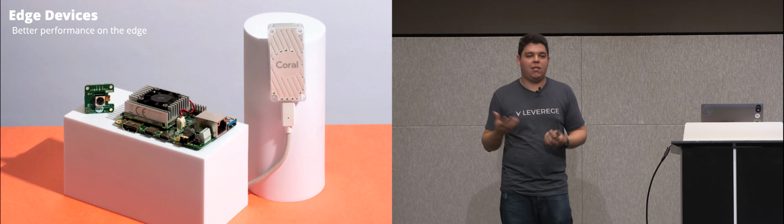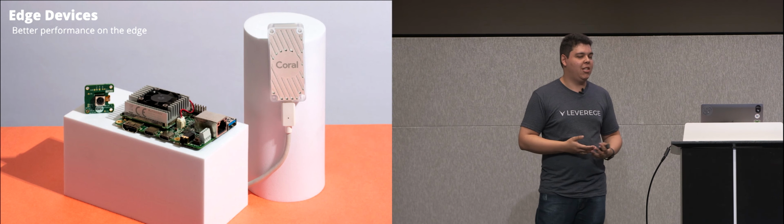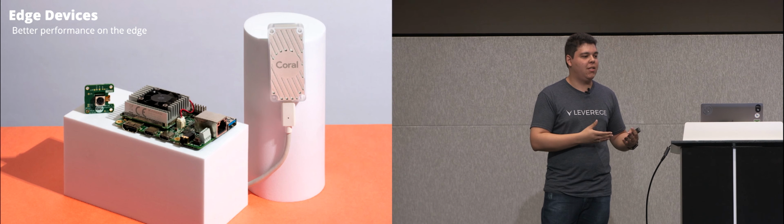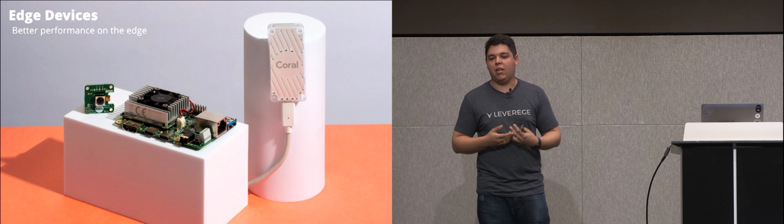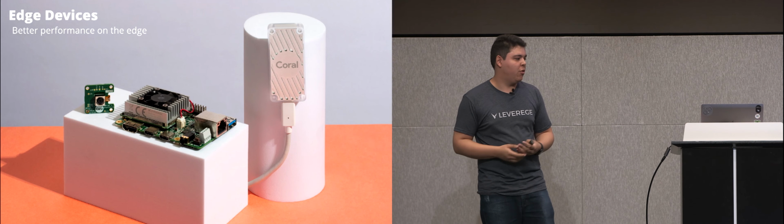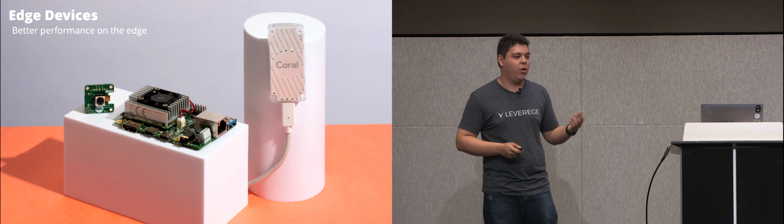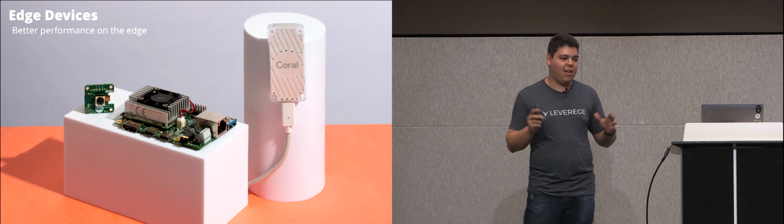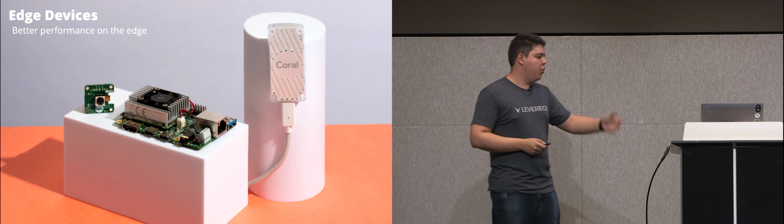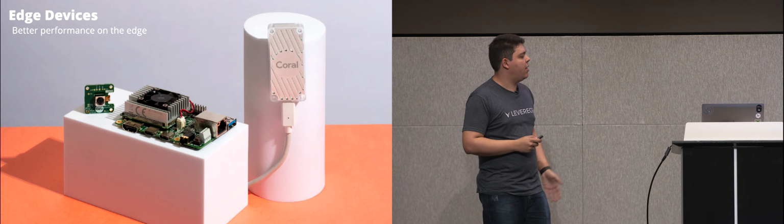It's like a GPU, but for tensors, which are the basic unit of TensorFlow. So they are really specialized in running inference for TensorFlow, with really good performance. I saw one of those running some examples at Google I/O, and it's mind-blowing. So I can use one of those to get better results on my edge device.